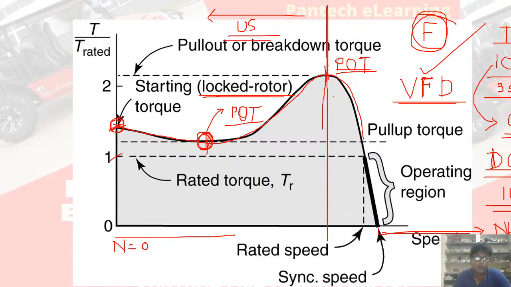I cannot select it. So normally, say this particular motor will be used to drive a centrifugal pump whose system resistance curve is like this.